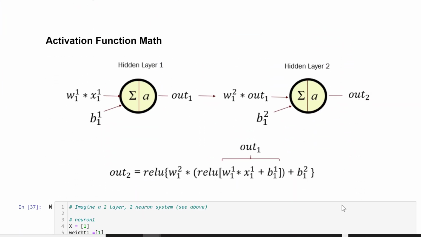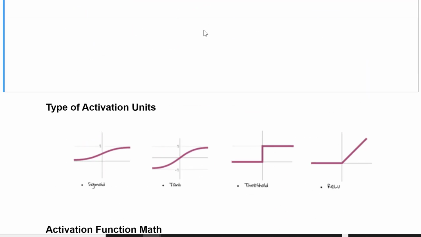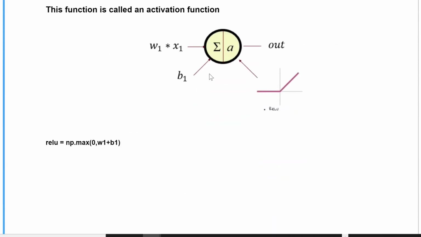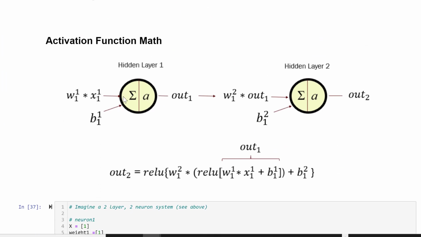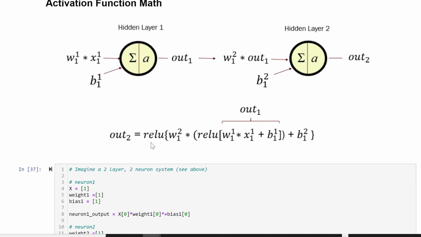So if we go to the next step and add the activation function, here is what the mathematics look like. I've taken the previous model here. Here's our equation. And now we're going to add an activation function on the output, applying that to the output from each of our neurons. So out2 now becomes weight 2 times the ReLU of the output 1.